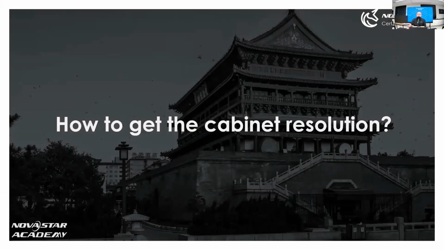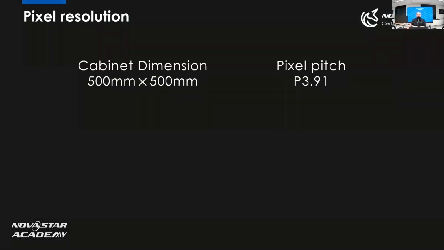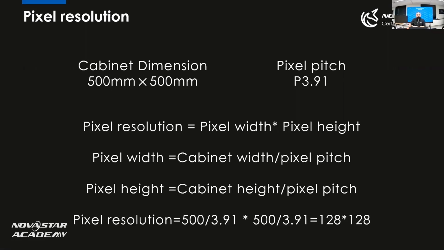Here I give you an example. Here we have the cabinet, which is 500 millimeter by 500 millimeter. The pixel pitch is P3.91. So how do we calculate it? Normally we use the pixel resolution that equals the pixel width by pixel height. The pixel width, we use the cabinet width divided by pixel pitch.